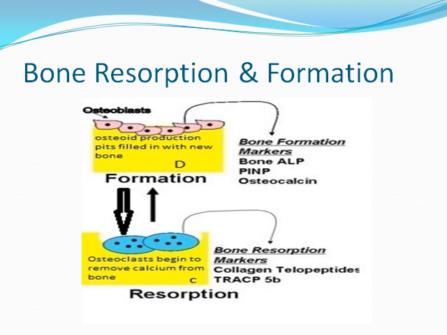So typically, if one goes up, the other goes up. Usually the collagen telopeptides will increase, and then the P1NP will increase. Maybe not at exactly the same time, but eventually you'll see a rise of both markers because these processes are coupled.